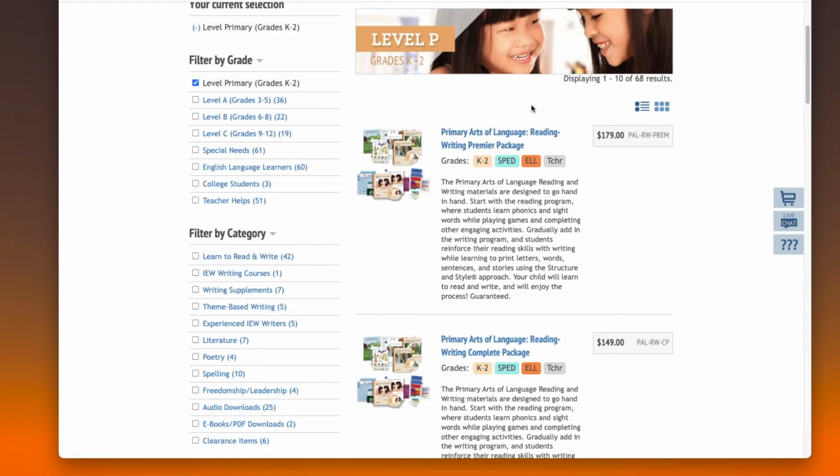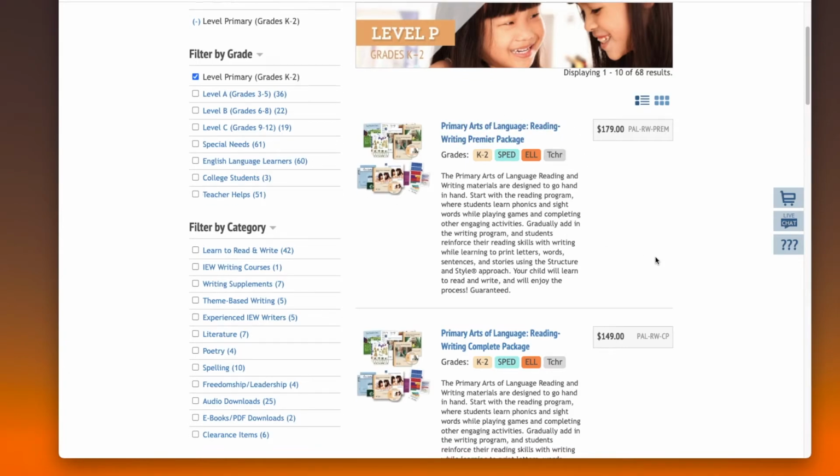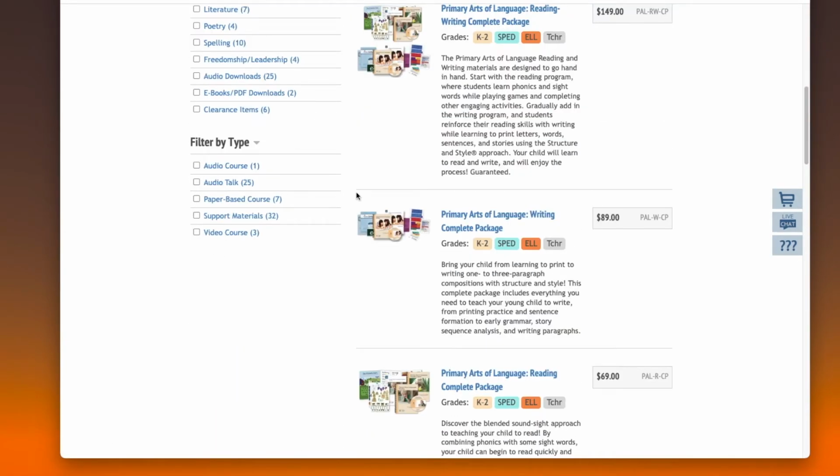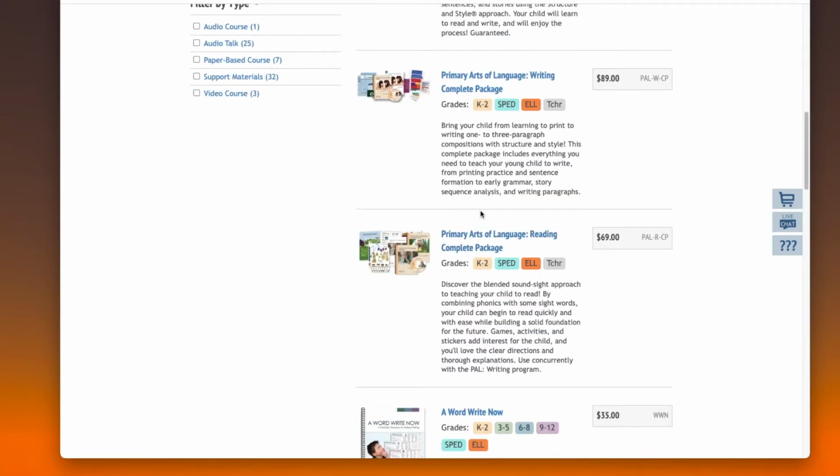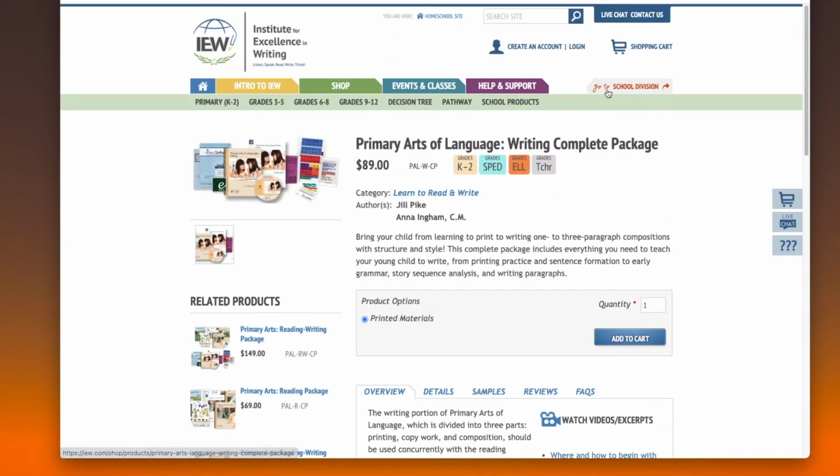They have a complete package for their reading and writing. The program that I shared a few minutes ago, the primary arts of language writing, this is the writing program that I was using. I didn't get a complete package. I actually bought just the manual and the DVD secondhand. I believe you can purchase just the book here. Let's see.